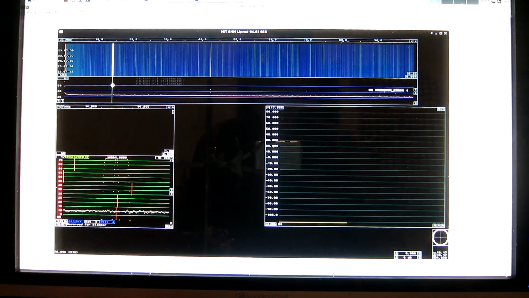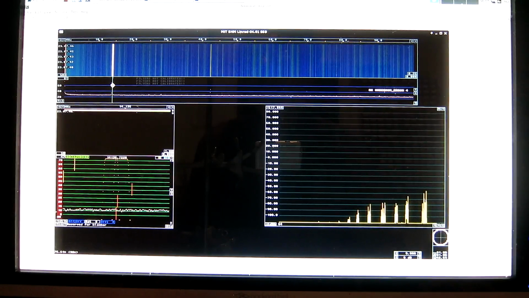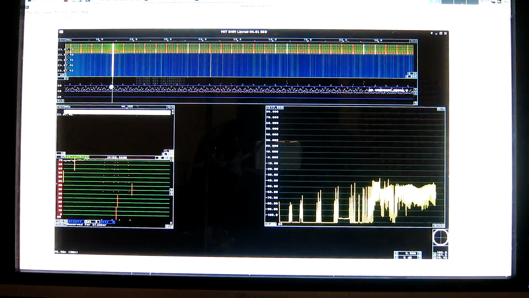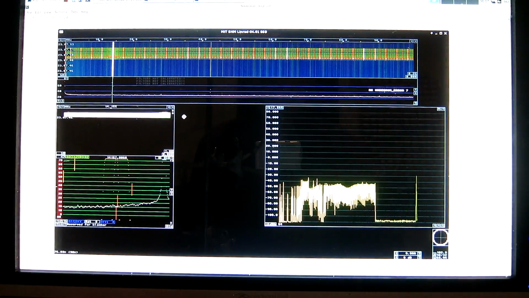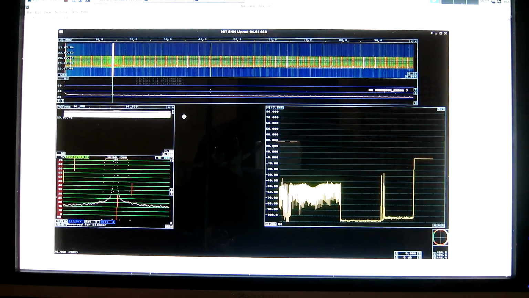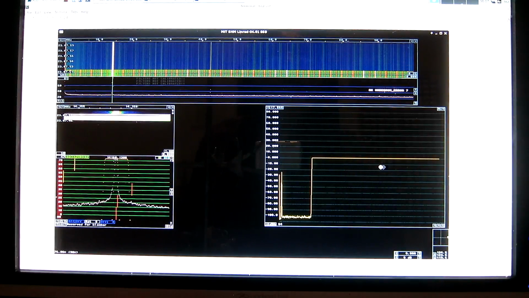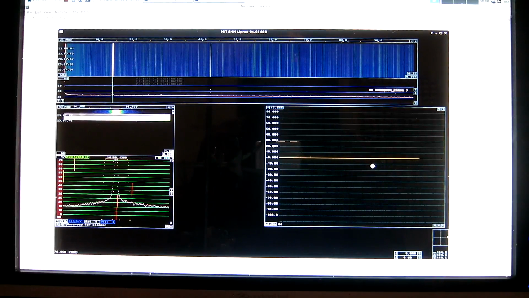So again, I click at the signal and go to the main signal, which is here. Note that the calibration now stays at the same level, at least closely.